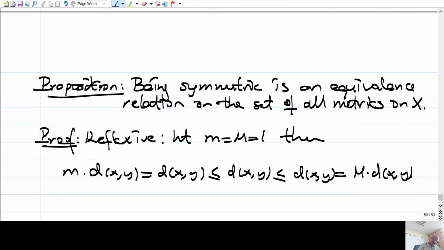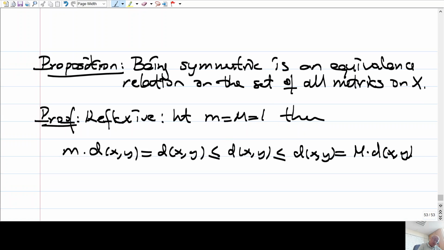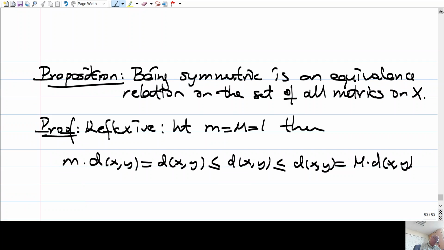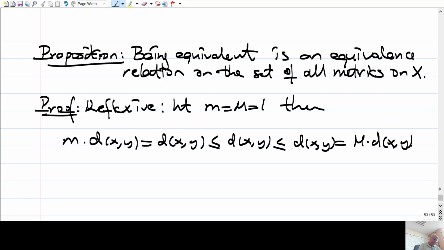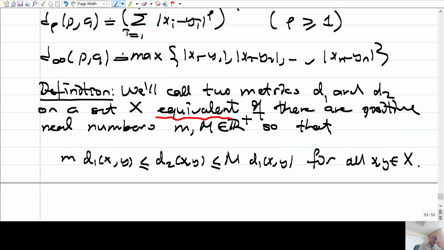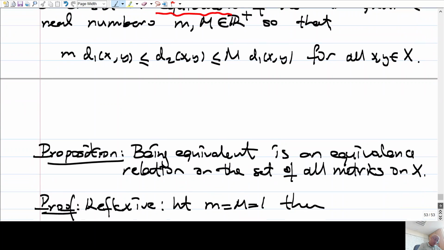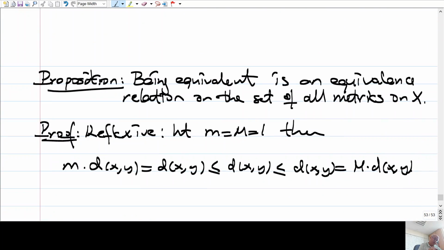Therefore d is equivalent to itself. Being equivalent, I should say. We defined being equivalent, and we will show that being equivalent is an equivalence relation.